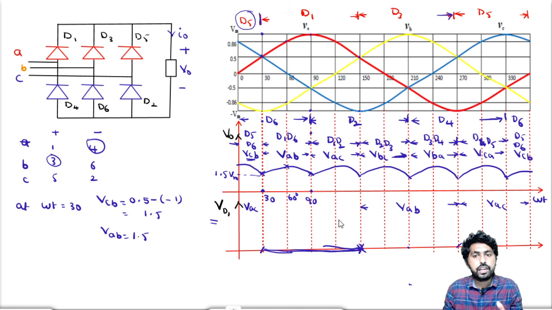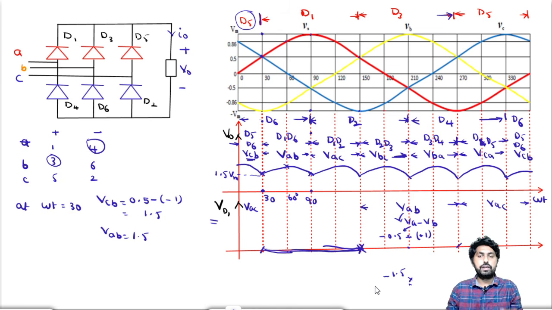So VA minus VB is minus 0.5 minus 1, equal to minus 1.5. So this point will be minus 1.5.